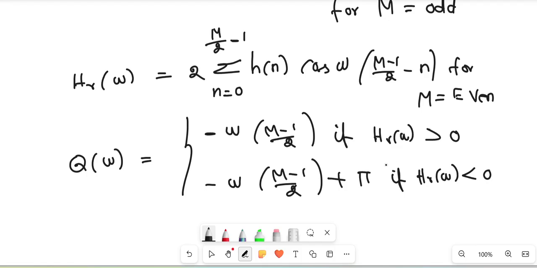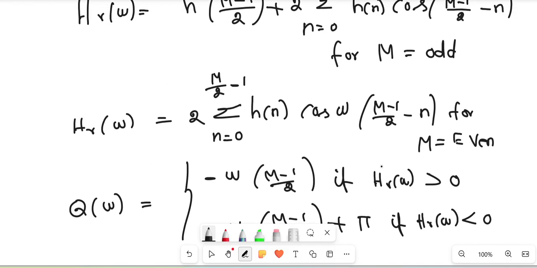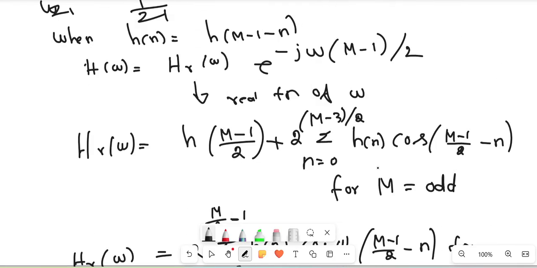Okay, this is for the symmetry condition.